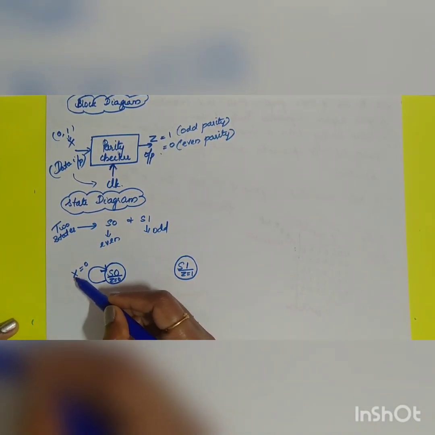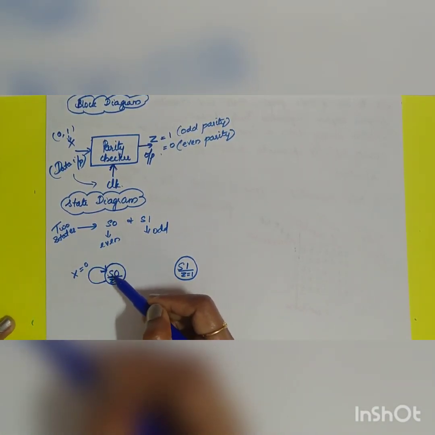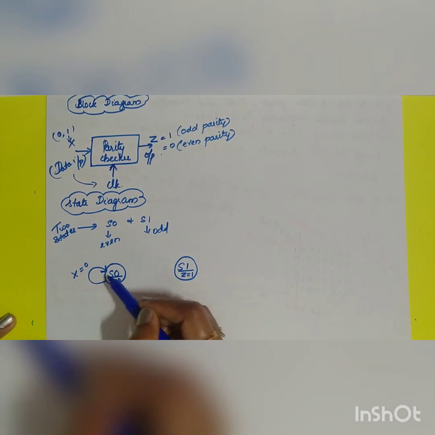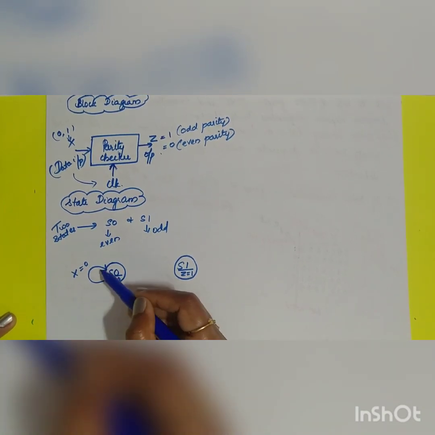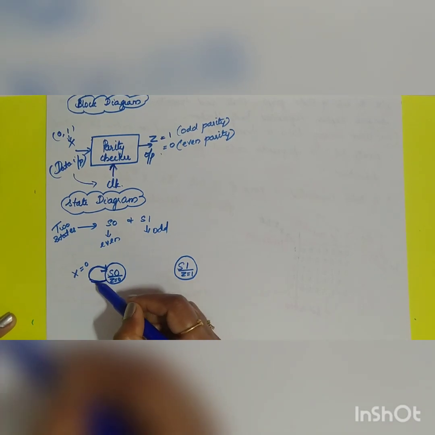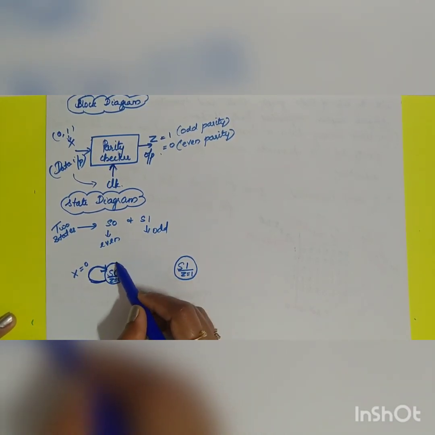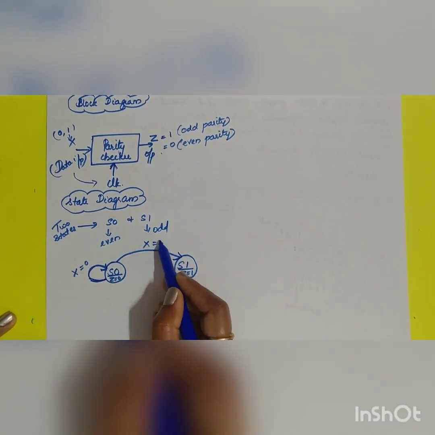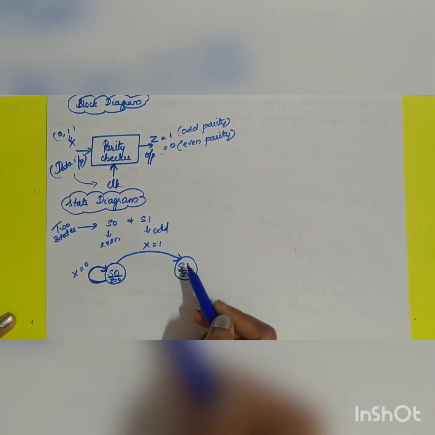When I give the input X equal to 0, there are no ones, and 0 is an even number, so it will remain in the same state itself. This will be your graph. Now, what will happen if X is equal to 1? Now a one has occurred, so X equal to 1 means it will go to your odd state, right?